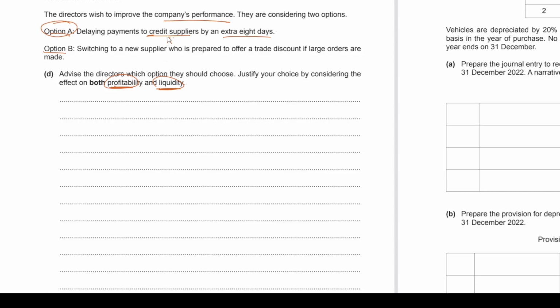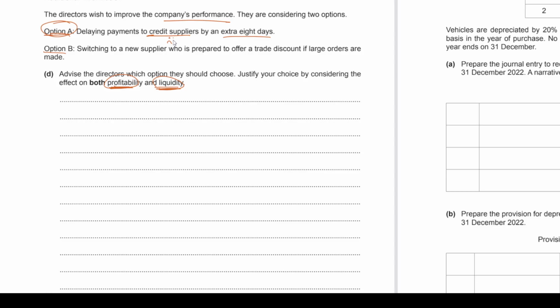If previously you were getting discounts from the supplier, now you're going to lose that. And on top of that, you will face difficulty getting credit in the future. So it's really easy to come up with 3 points for both of these aspects for option A, and of course for option B as well.